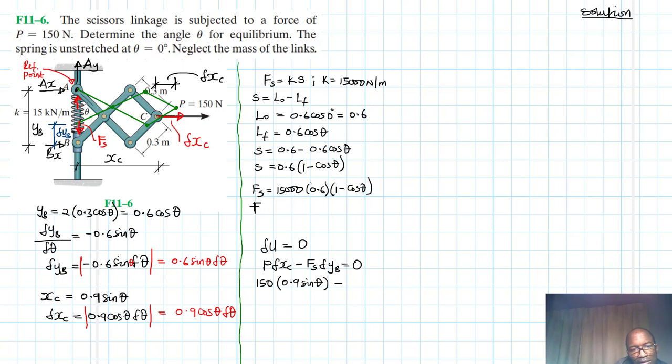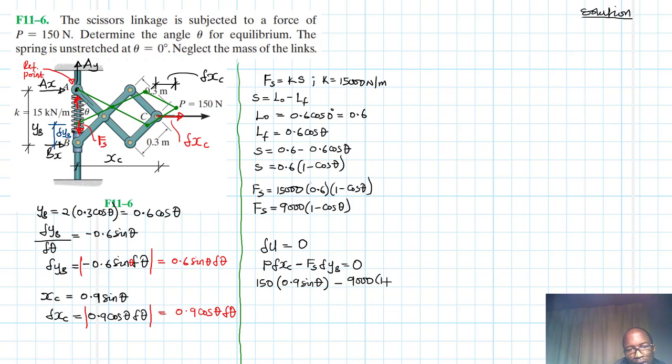Writing this further, our Fs is equal to 15,000 times 0.6, which gives us 9,001 minus cos theta.